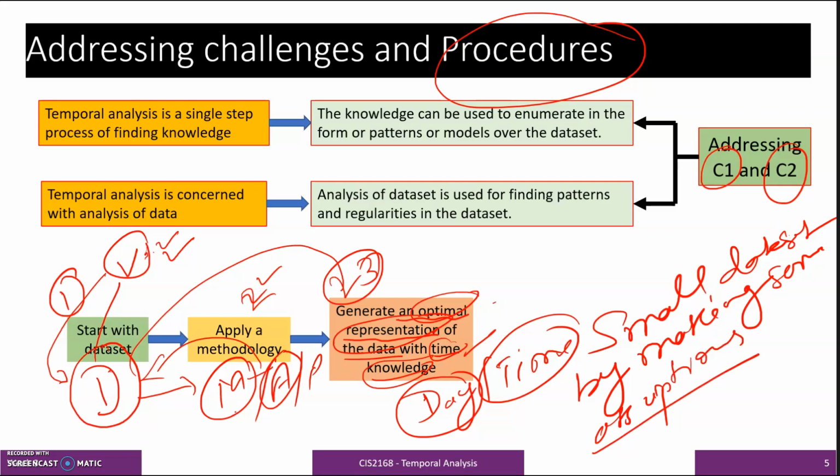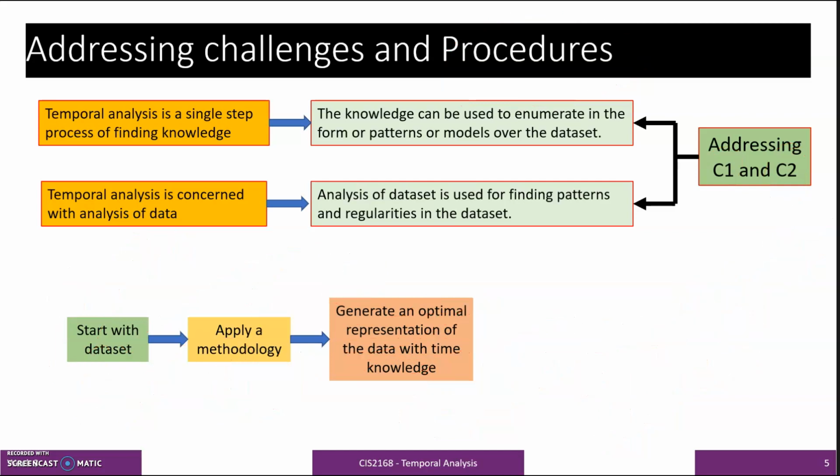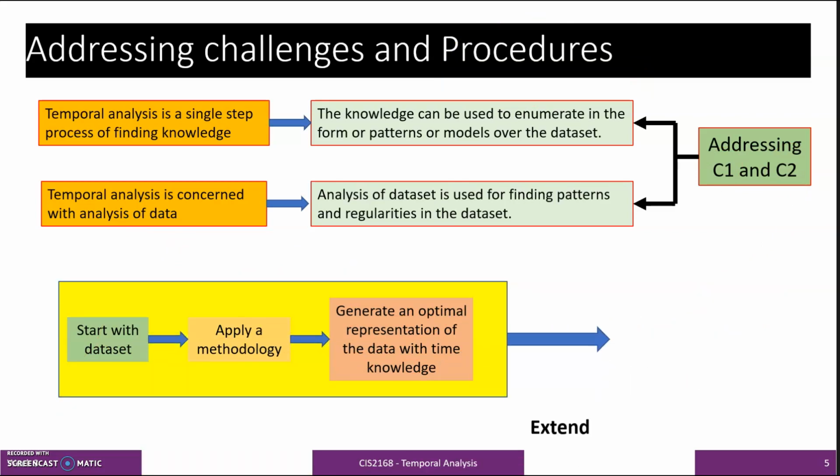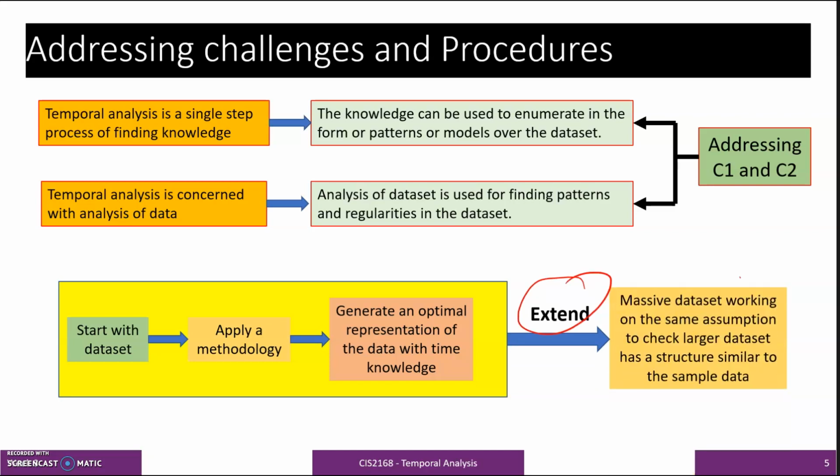Now this is for the small data set. You can extend this for a large data set. What you can do after this, you can extend this 3-step process to deal with a massive data set using the same assumptions which you have used for analyzing the small data set.